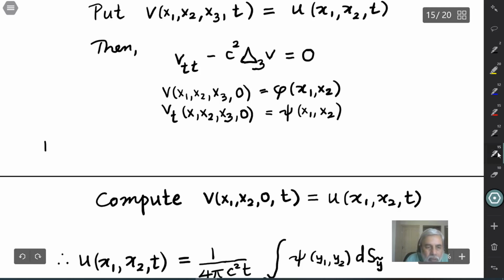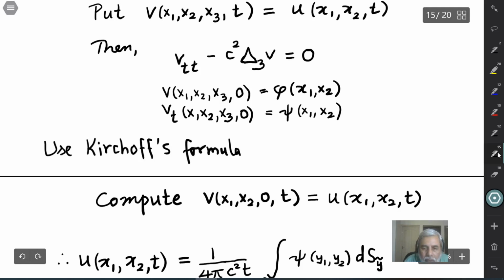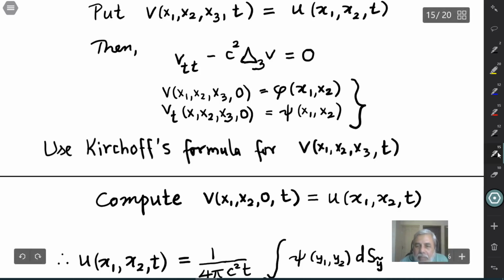So use the Kirchhoff formula for v of x1, x2, x3, t, using these initial conditions which are independent of the x3 variable.